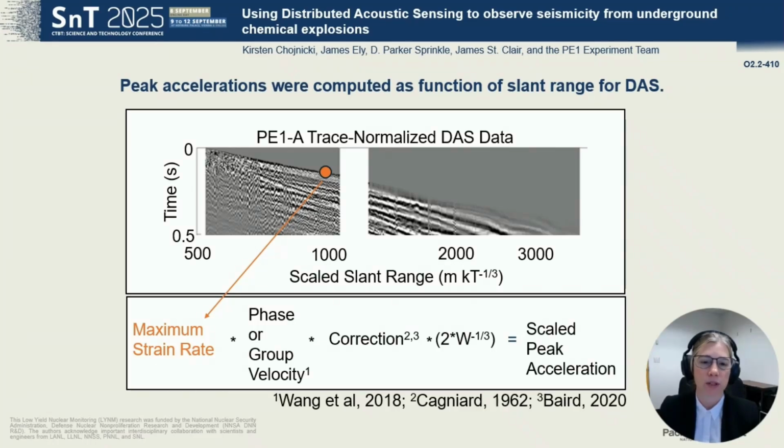Specifically for the horizontal data, we accounted for potential amplification due to the free surface of the tunnel floor by multiplying by another factor of 2. And for the vertical data, adjustments were made to account for incidence angle dependence given the helical configuration of the downhole fiber. The computed peak acceleration was multiplied by a factor of 2 to approximate the nuclear equivalent value and then scaled by dividing it by the cube root of the yield.